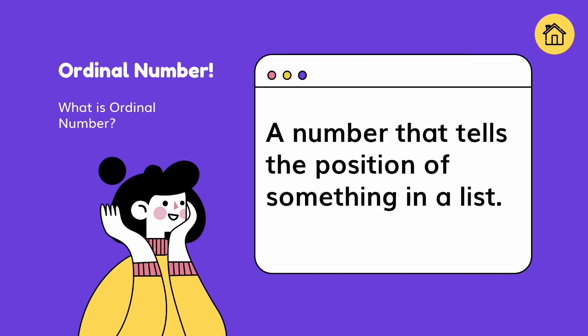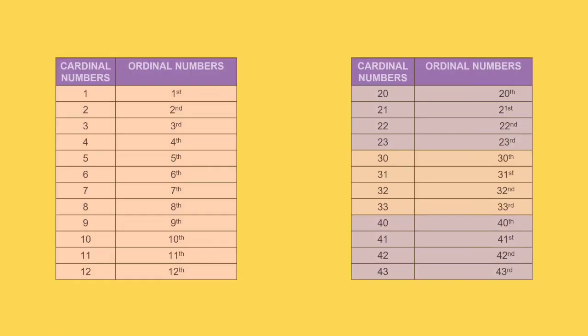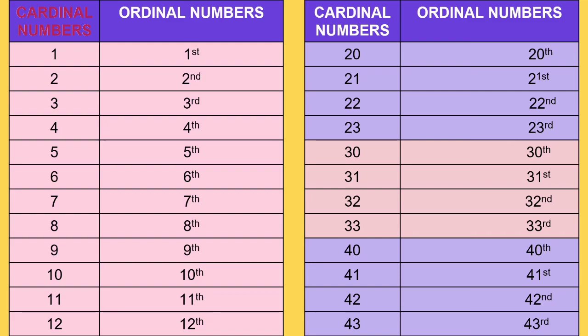So, how to say it in English? There are cardinal numbers and ordinal numbers. So, cardinal numbers, like I said just now, it's 1, 2, 3, 4, 5, 6, 7, 8, 9, 10.